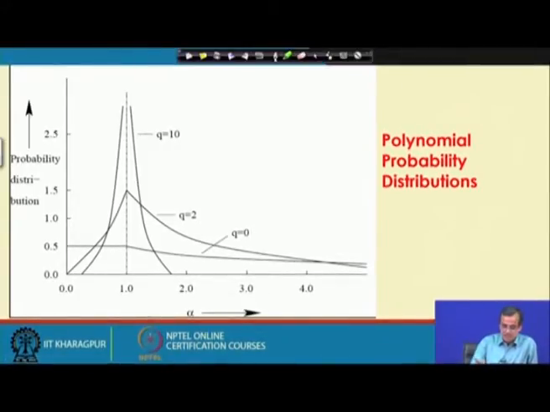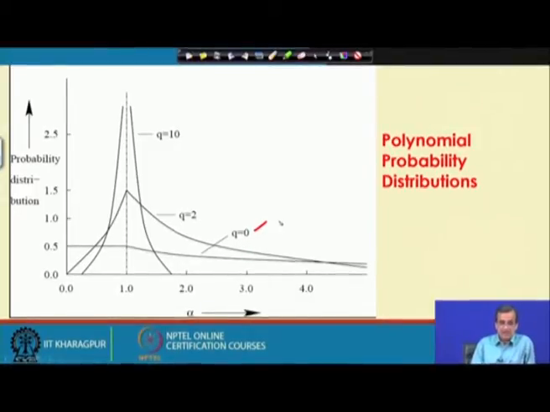So, if I just consider q equal to 0, I will be getting this particular expression: in the contracting zone C alpha is equal to 0.5, and in the expanding zone it is going to reduce, following this particular curve. So, that is corresponding to q equal to 0.